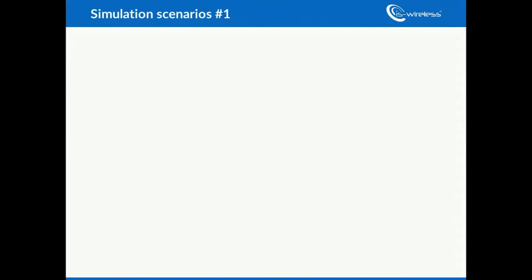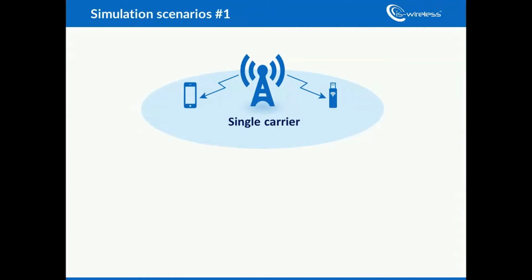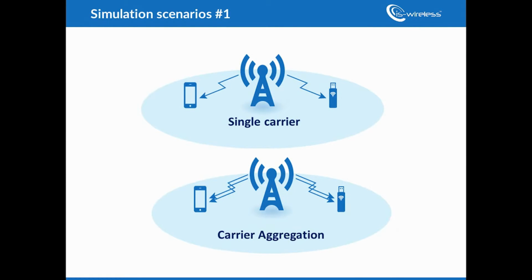LTE MAC Lab can be used to simulate various simulation scenarios. As an example, we depict the basic case, which corresponds to a 3GPP Release 8 with a single carrier environment. LTE MAC Lab allows you to simulate networks compliant with 3GPP Release 10. Using carrier aggregation technique, it is possible to combine carriers and extend bandwidth.